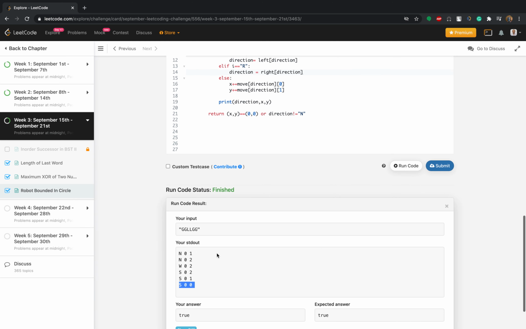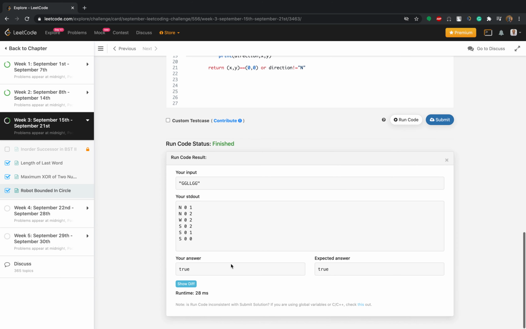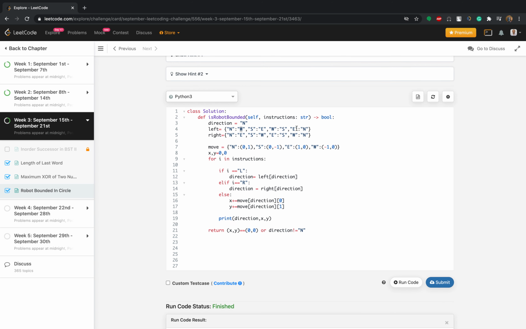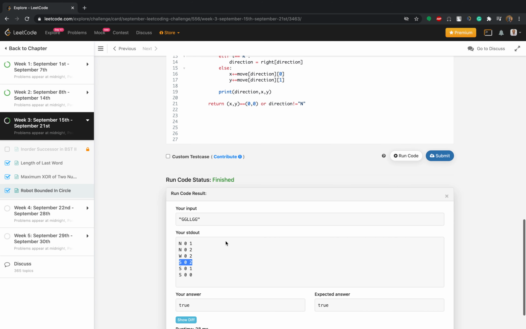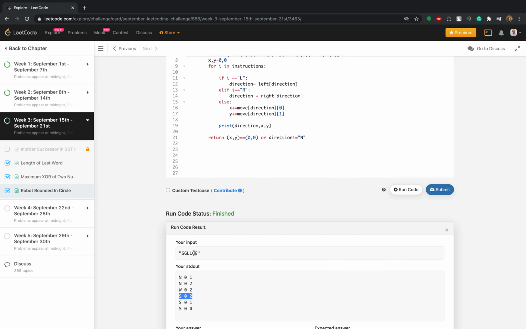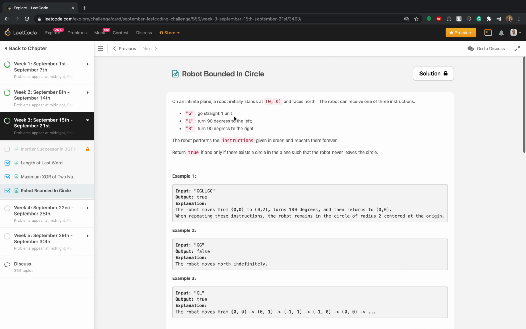So what happens is if it is north, it moves 1, 2, and then it goes left. North left is nothing but W, so that's what we get. And from W left is south, so that's why it moved south. And then from south it's just moving straight ahead, and it goes back to 0, 0. That's why it is 0, 0.